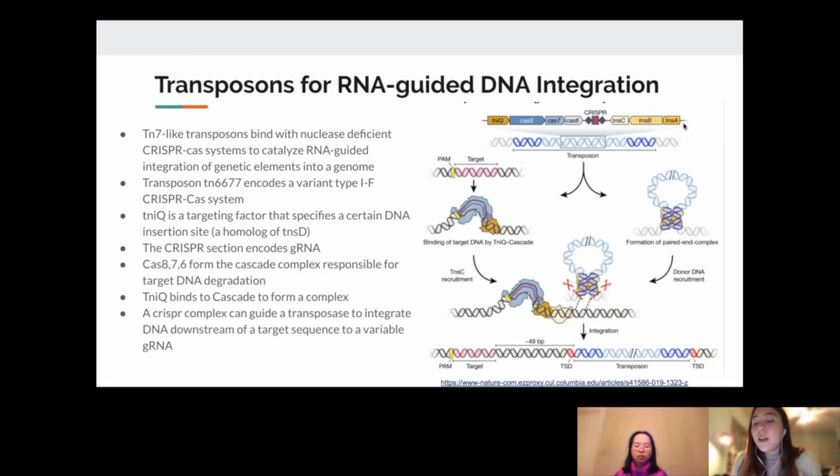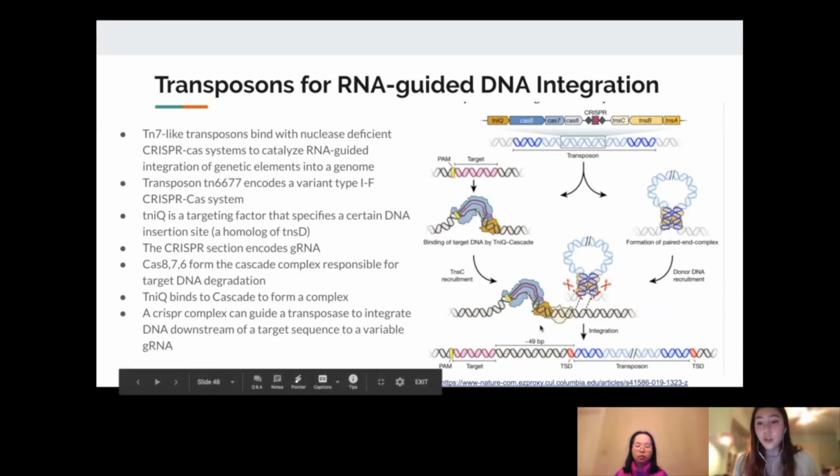However, we have instead the TNS ABC and TNIQ part of the transposon system, which is used in that system to cut out DNA. So by combining these two, we have the means to cut a donor DNA and to cut an existing DNA strand in order to insert it, and through the CRISPR, we have a means of targeting a specific part of the DNA that we would like to insert extra DNA into.